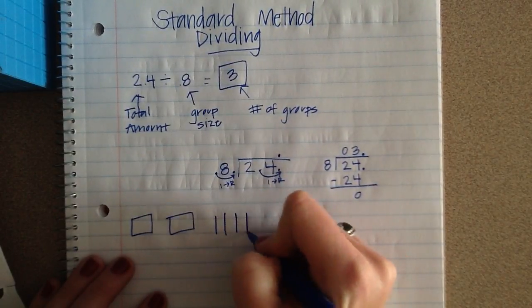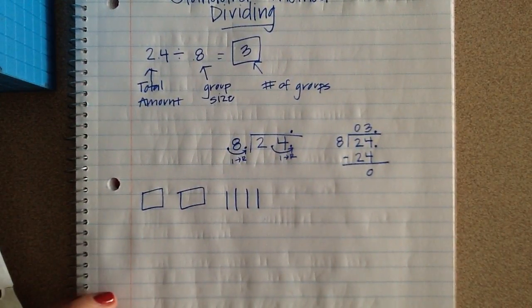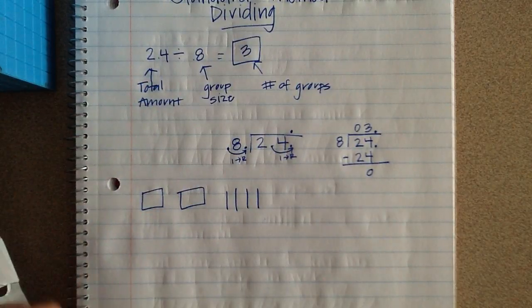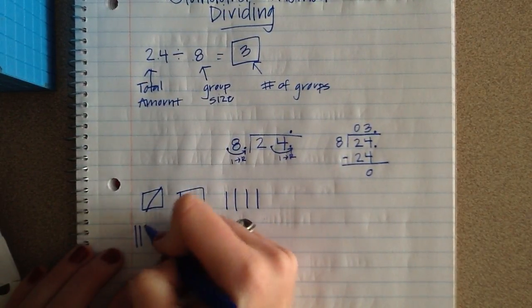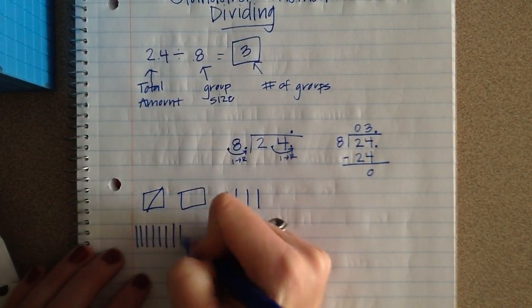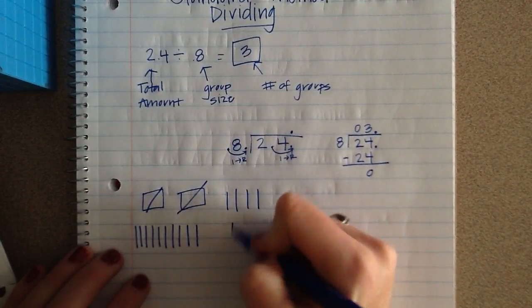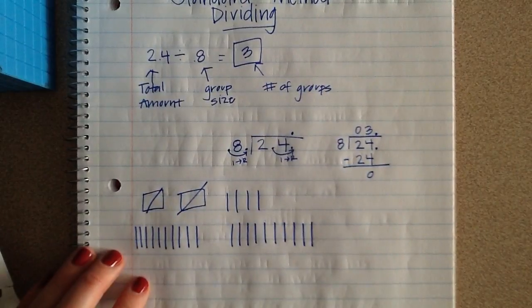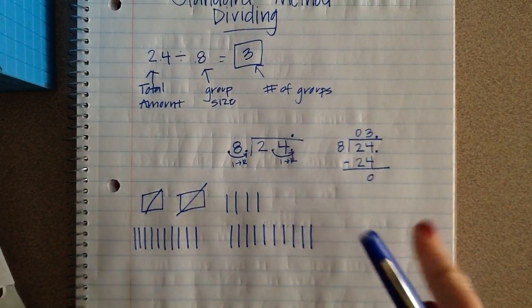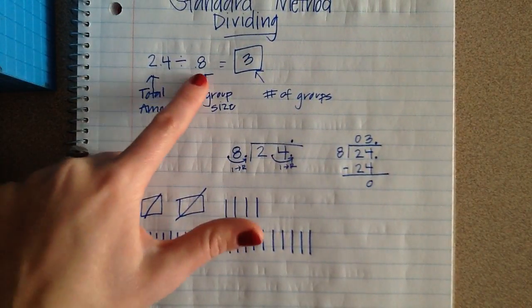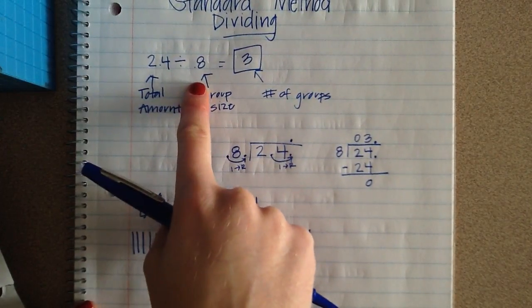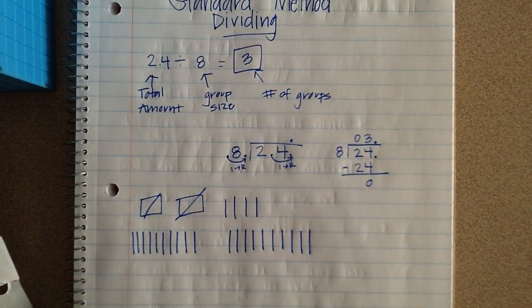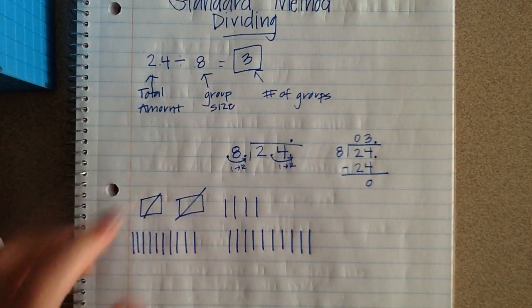If I want to draw it out, 1, 2, 3, 4. And then I know my group size, so I'm going to have 1, 2, 3, 4, 5, 6, 7, 8, 9, 10. I know that I'm going to be making groups of 8/10 because that's a decimal. The decimal is a circle, so that means I'm going to be making circles around groups of that number.